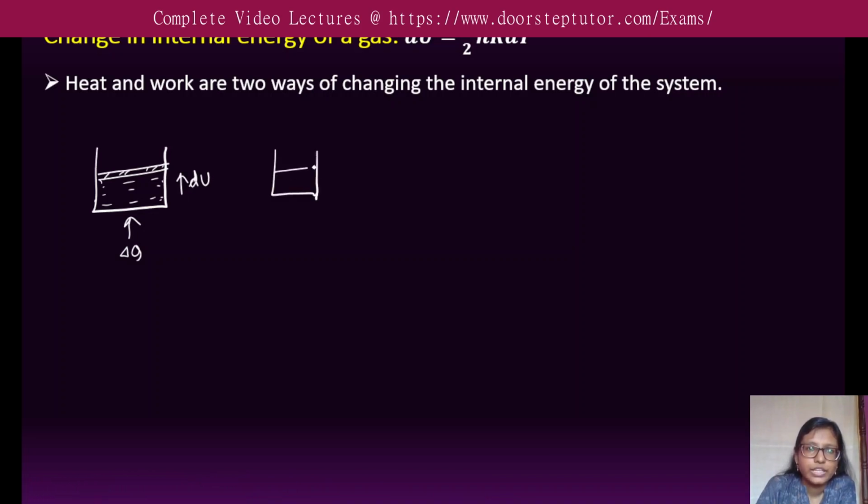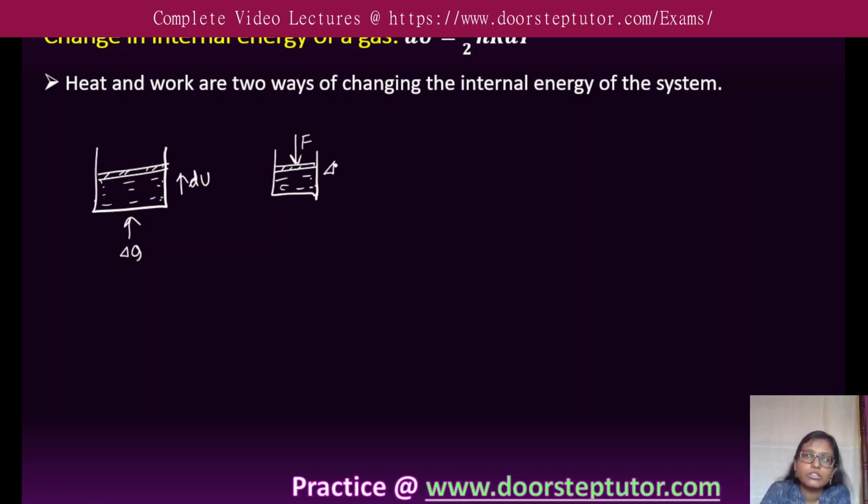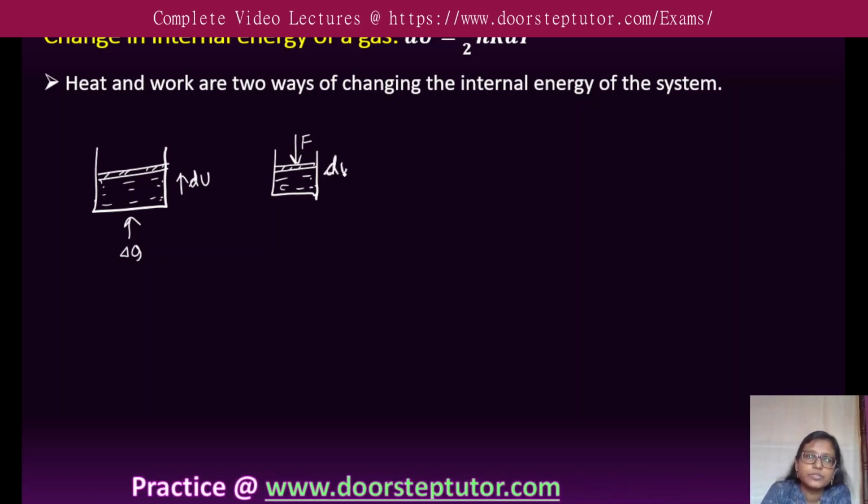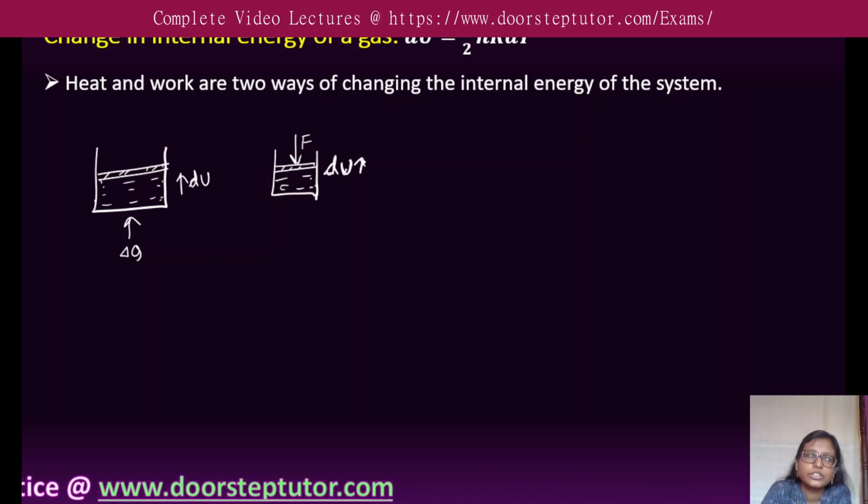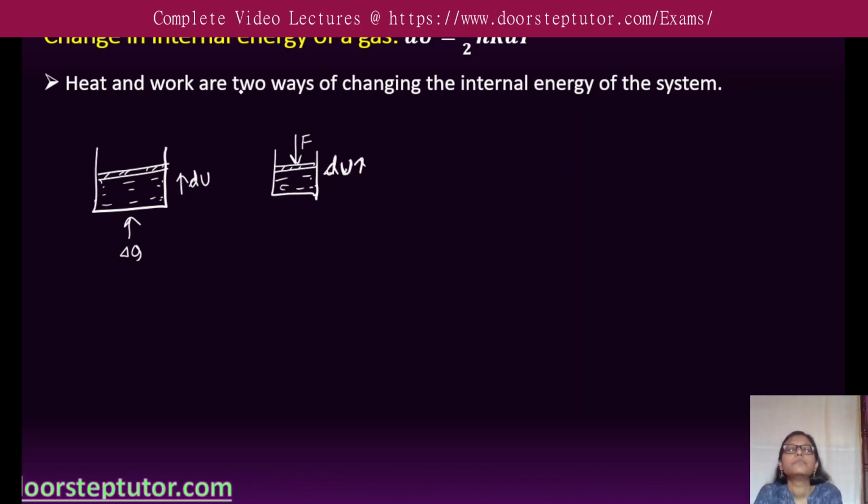Similarly, to the same system, if we apply some force externally, that is, if we do some work on the system, then also the internal energy will increase. So these are the two ways in which you can change the internal energy of a gas.